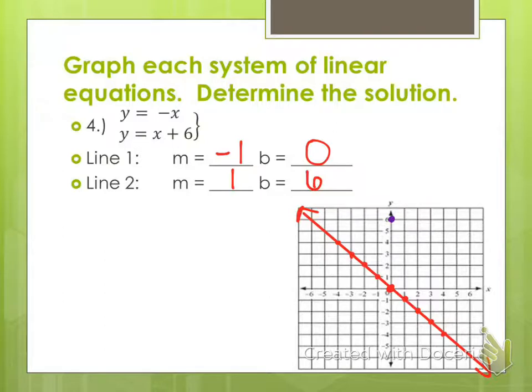Okay, so we're up at 6, and then our slope is 1 over 1. We can only go up 1, right 1 one time, so I would recommend reversing it and going down and to the left a few times. Notice that because we made enough points for both lines, we actually traced over the same point twice. That's helpful.